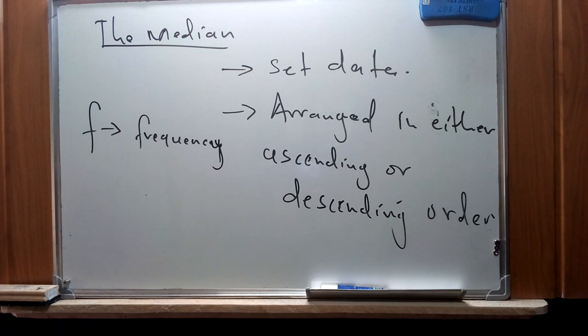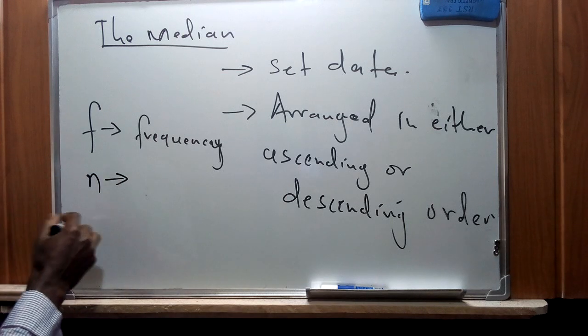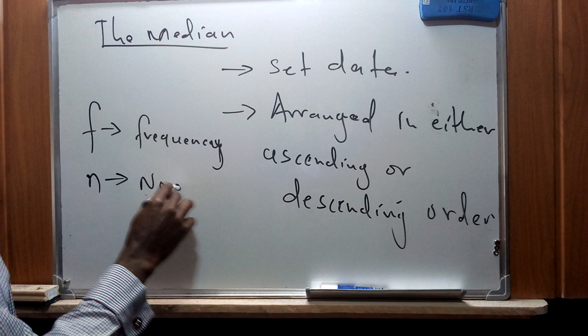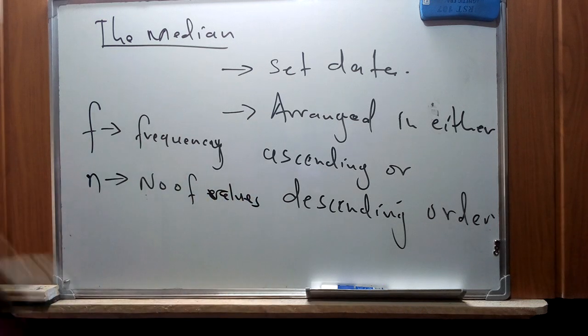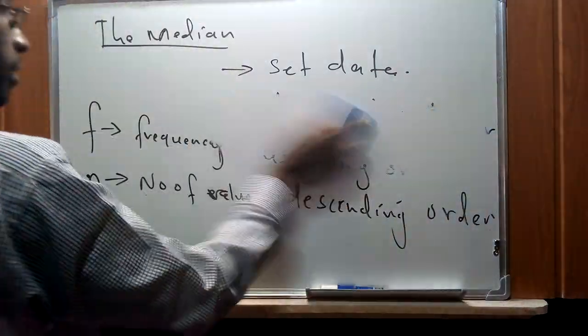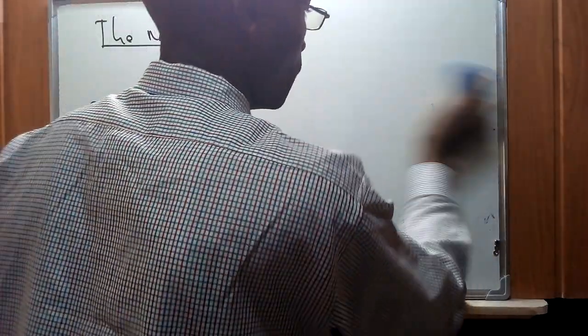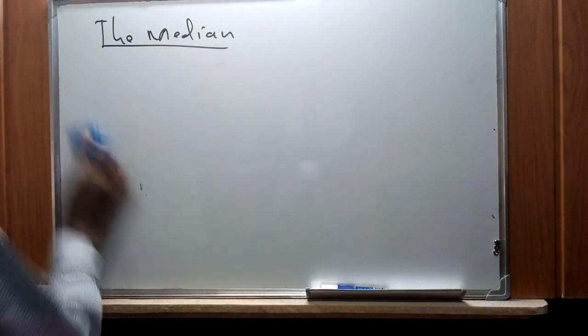We're going also to introduce other concepts that we're going to use. Of course, from what we've already discussed, we know that this is the number of this set of values, and this is the frequency. I'm also going to introduce around 3 additional symbols that we're going to use to represent this set of data, so that it's going to assist us in trying to figure out how the general formula for the median can be interpreted.